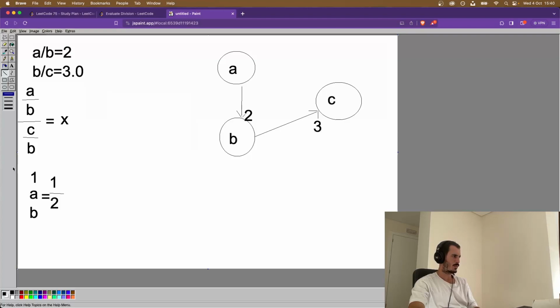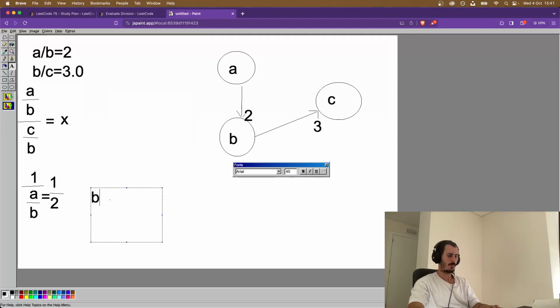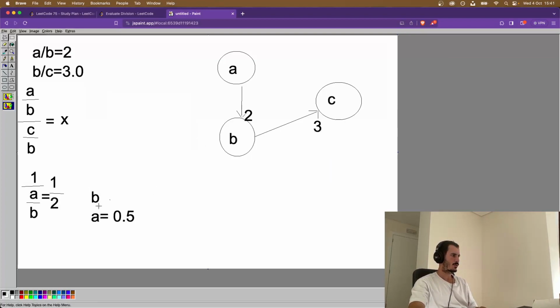So 1 over 2, this is the same. And there's one property which means that 1 over a fraction is equal to the opposite of the fraction. So this is true.